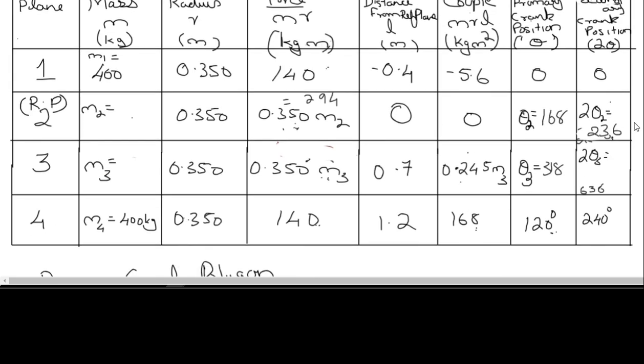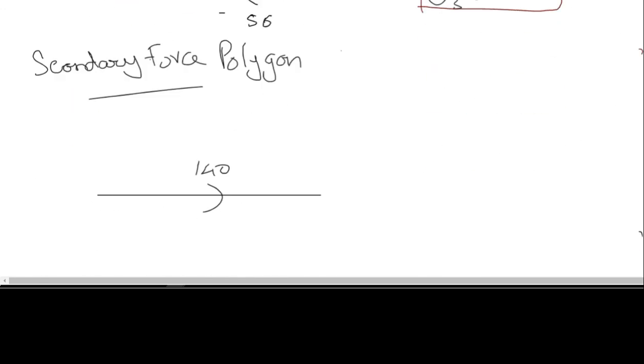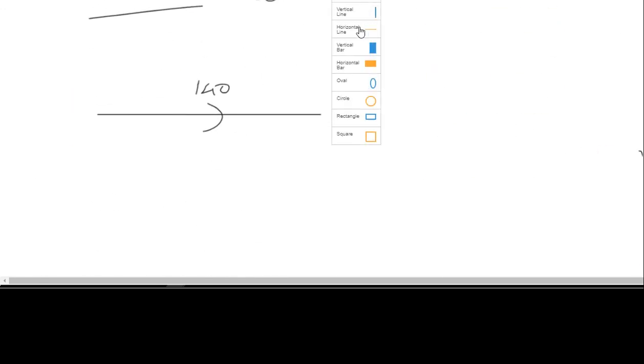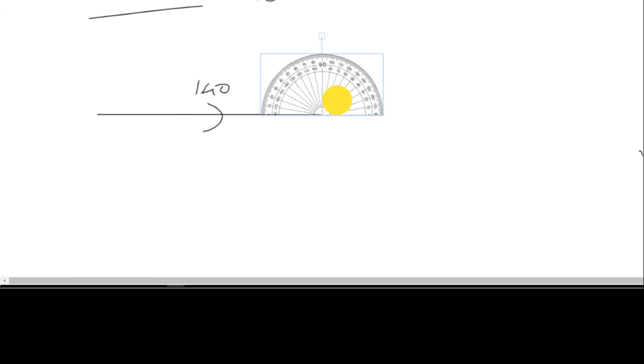So 236 degree, because we are taking a secondary force polygon, and if you place your protractor, 236 will be 180 plus another 56.